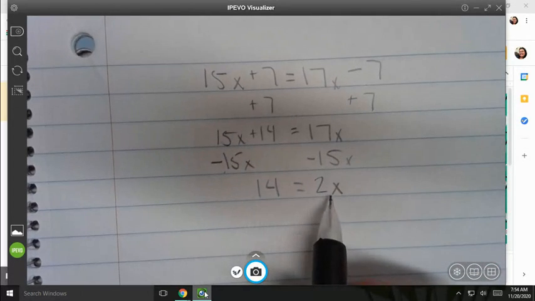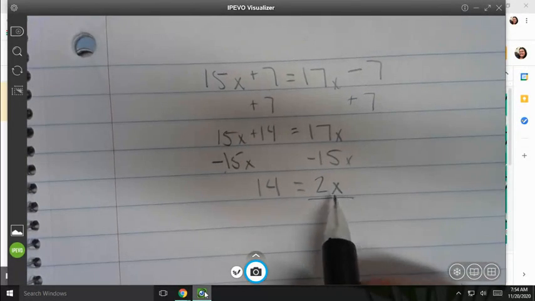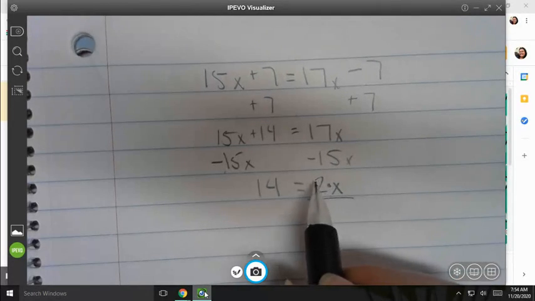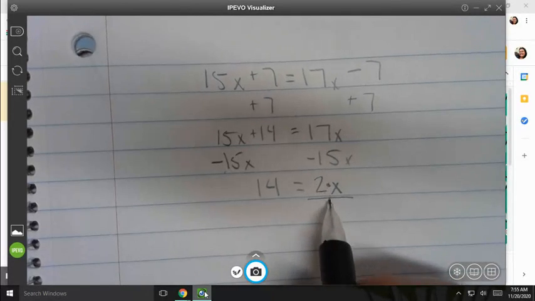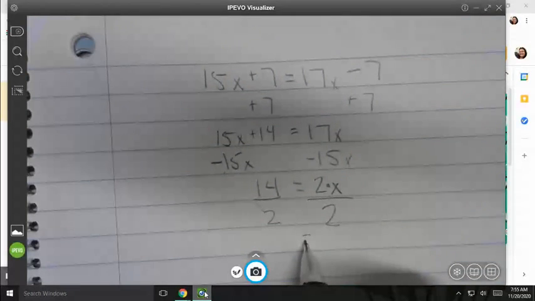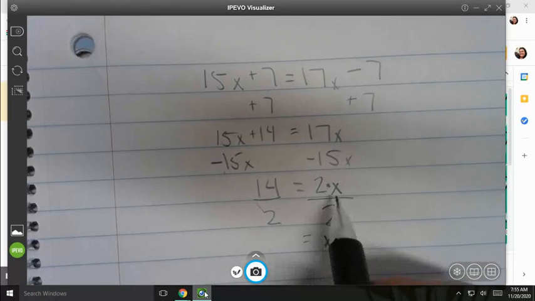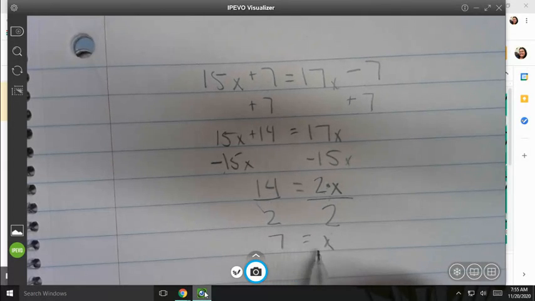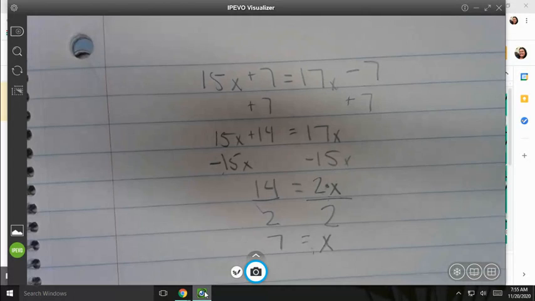Now we want to get this x by itself. 2x is really like saying 2 times x. So the opposite of multiplication is division. So 2x divided by 2 and 14 divided by 2 gives us our little x by itself down here. And then 14 divided by 2 is 7. So we know that x, that's a terrible x, equals 7.